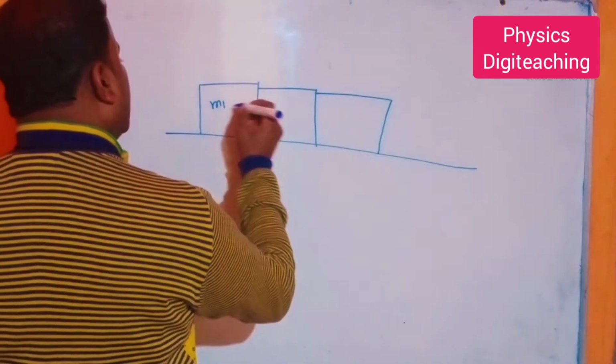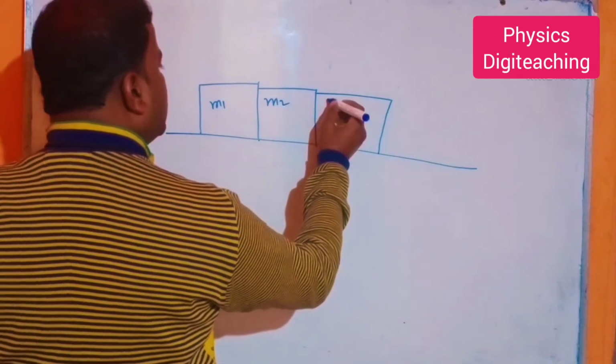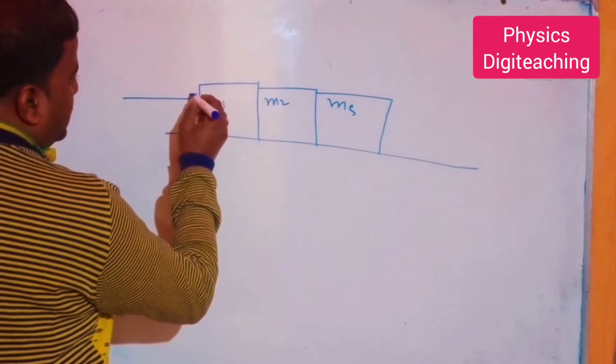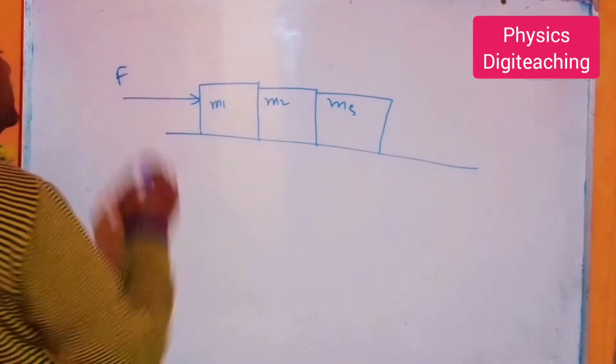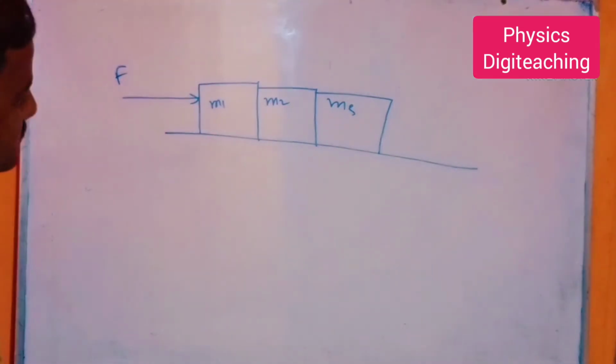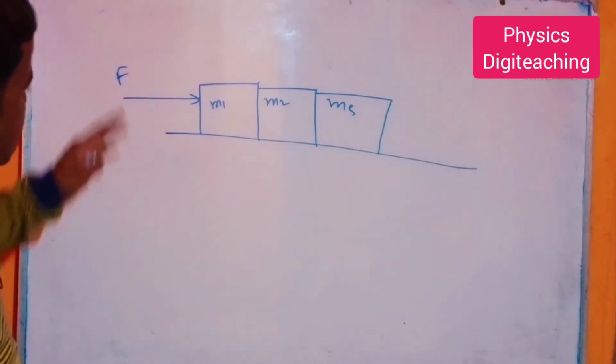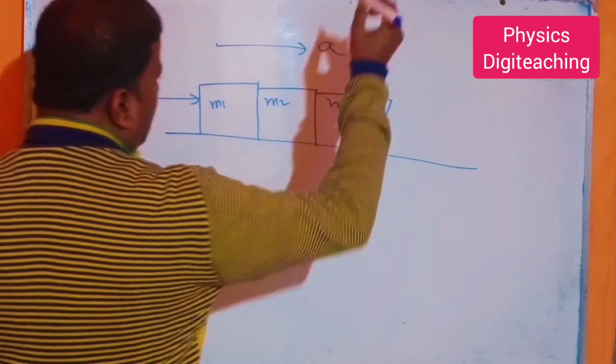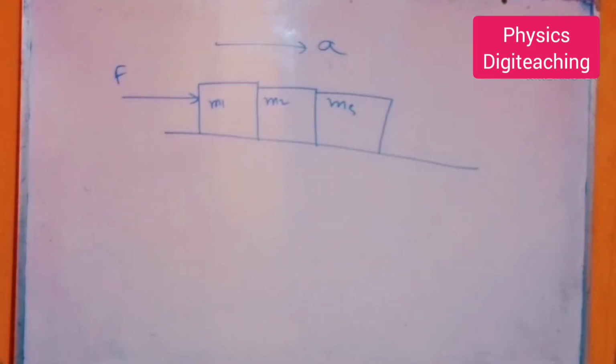It is M1, M2, M3. We apply the force F on the body of mass M1. For this force, the total system moves with an acceleration A.